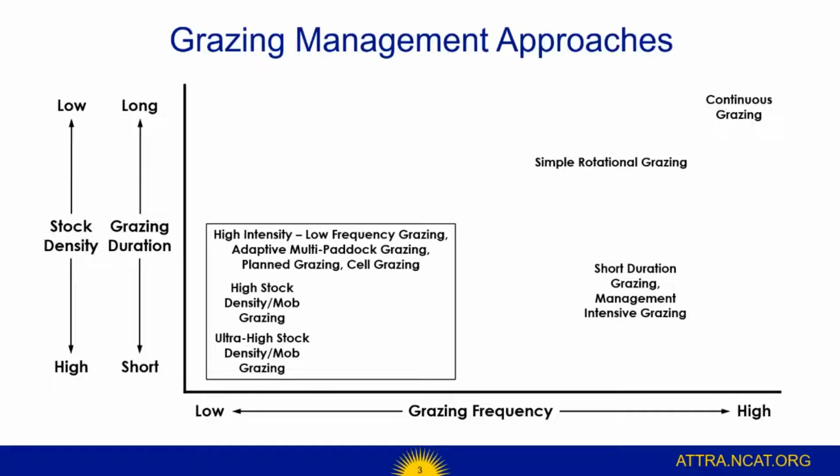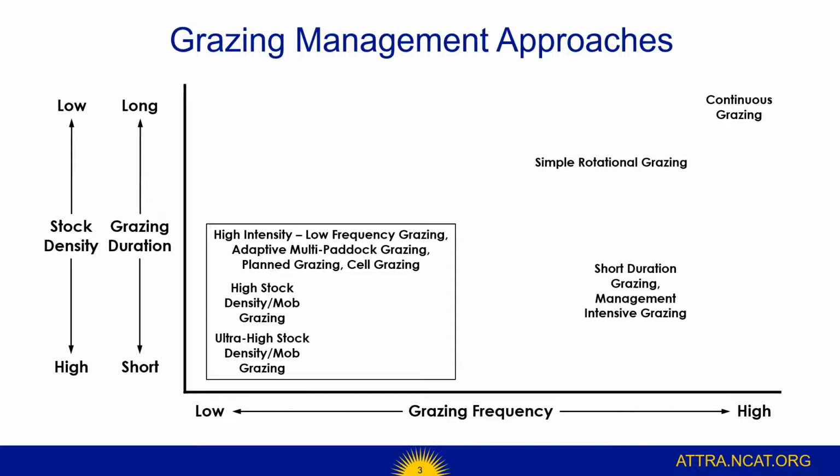On the horizontal axis, we have grazing frequency, which measures how often the same plants are being regrazed. And on the vertical axis, we have grazing duration, which measures how long livestock spend in one spot. And we know that the longer livestock spend in one area, the more frequently they end up grazing the same plants.